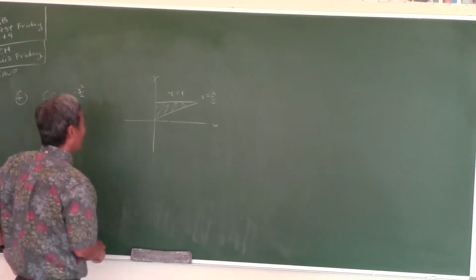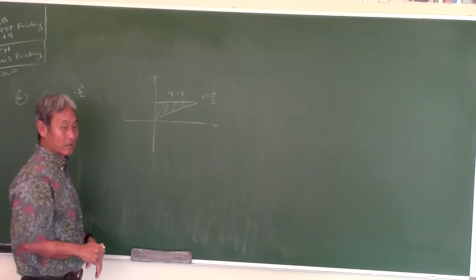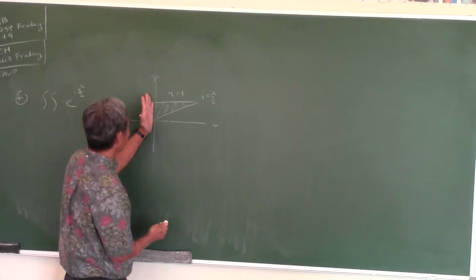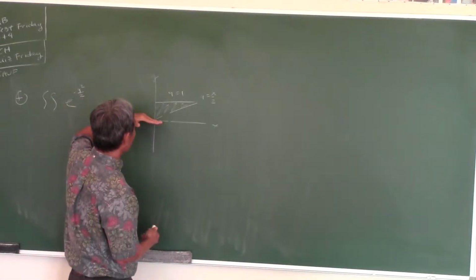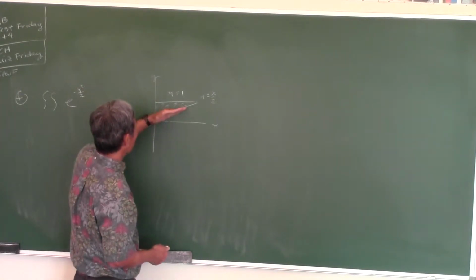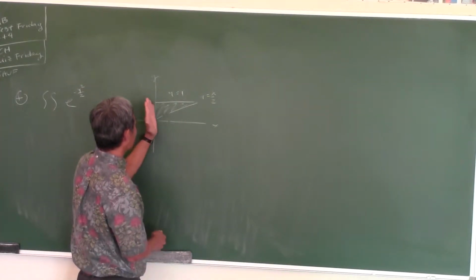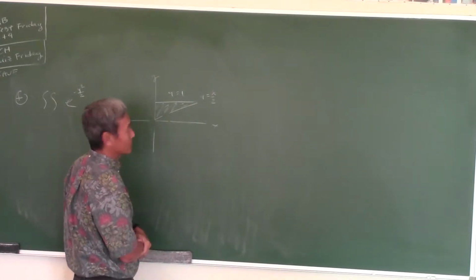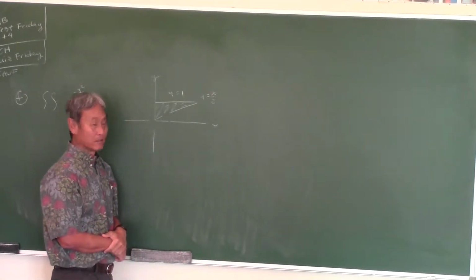So, what do you want to do first? You want to integrate with respect to x first from here to here, and then y will go from 0 to 1? Or do you want to integrate with respect to y, go from here to here, and then x will go from 0 to 2? Let's go with y first.